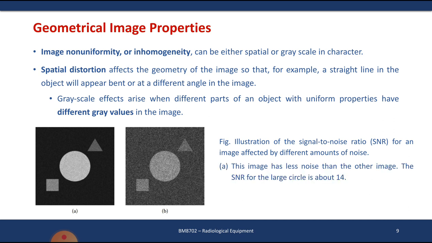Figure A has less noise than the other image. So the circle has an SNR of about 14. Figure B has an SNR of about 3. Which means that the first figure has less noise when compared to figure B.